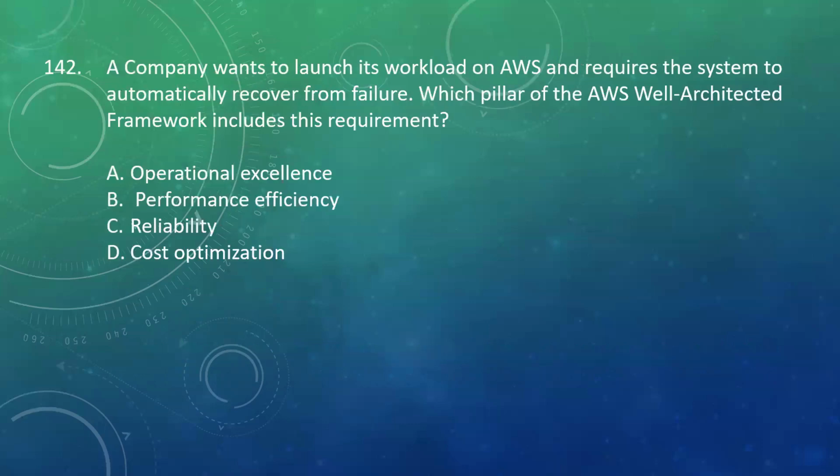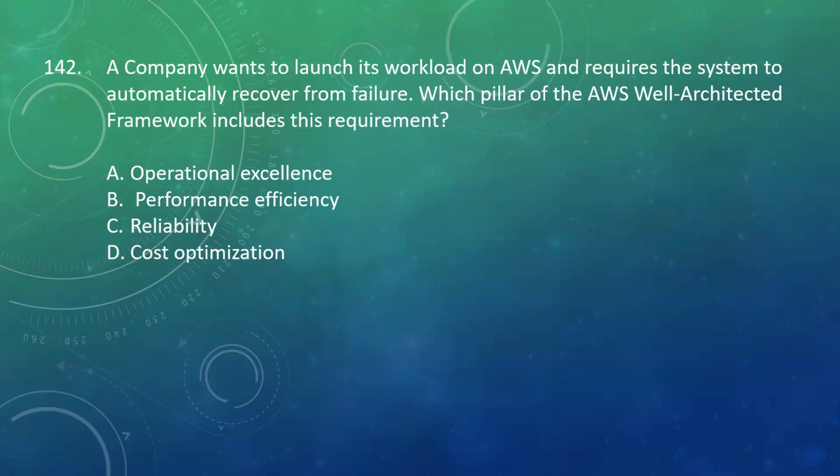A company wants to launch its workload on AWS and requires the system to automatically recover from failure. Which pillar of the AWS Well-Architected Framework includes this requirement? Your options are operational excellence, performance efficiency, reliability, cost optimization.